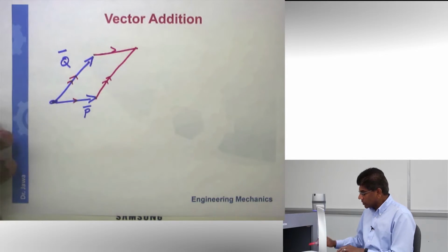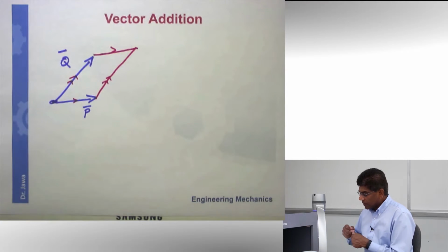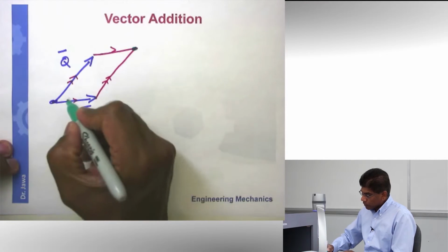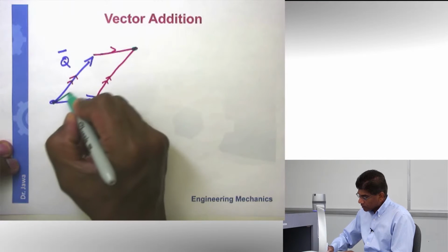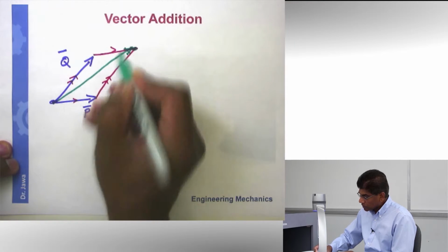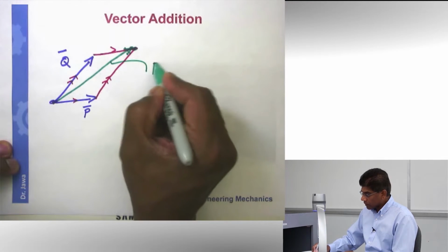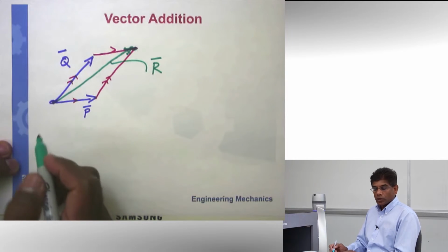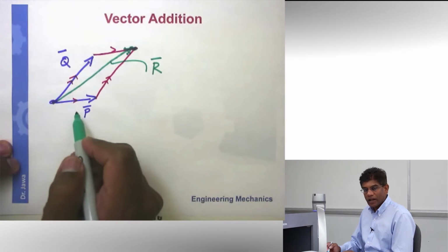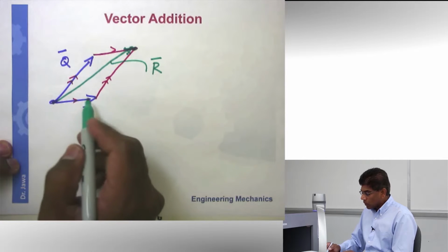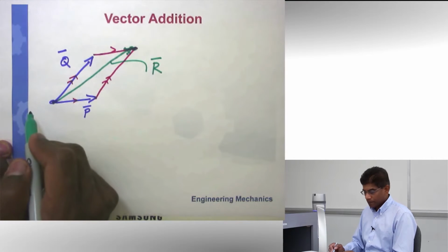Now, these two lines intersect, and this point is where the resultant's head is, and the resultant is going to look something like this. This is my resultant vector. So vector addition can be done graphically by using what I call a parallelogram approach.